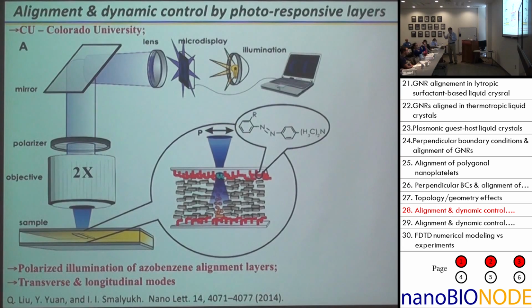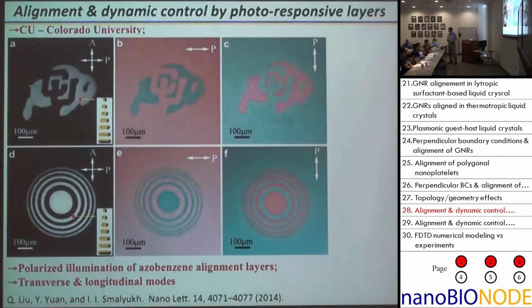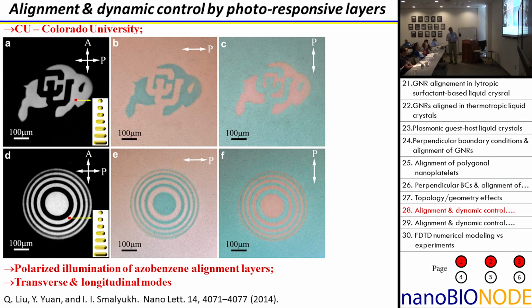CU would stand for Colorado University. Then we can control in that region how the nanorods of gold or silver would be oriented, right? And so here you can see the examples, right? Everywhere around, as we observe this glass cell between cross polarizers, we have uniform alignment of gold nanorods across the sample thickness.